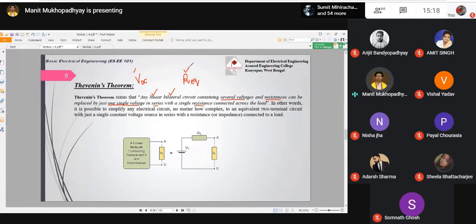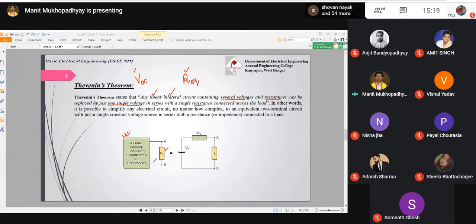Now how can we do that? Suppose in this section we can put any type of network in this box. It is the black box that we don't know. And at this output we are connecting the resistance RL.